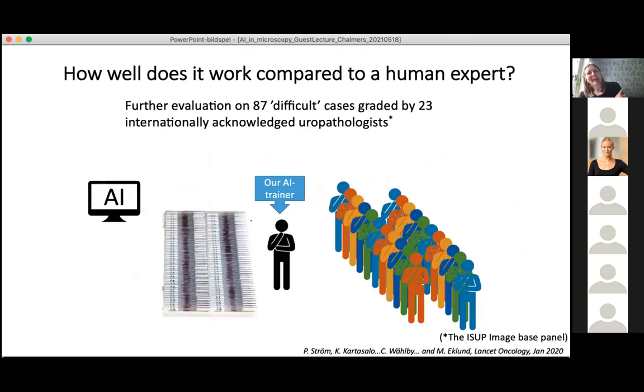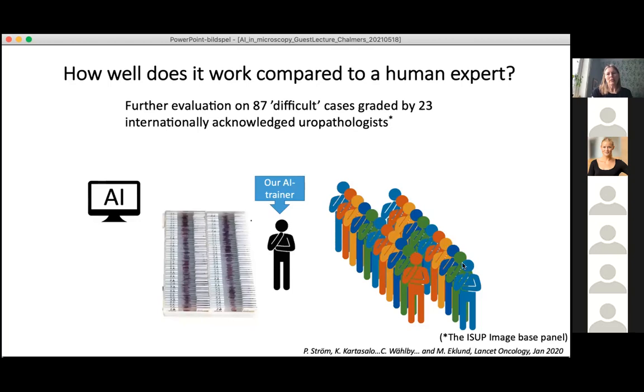In this case, we were lucky to have access to a whole consortium of prostate experts, or uropathologists. They had a collection of 87 difficult cases, and these 87 difficult cases had been graded by 23 persons.